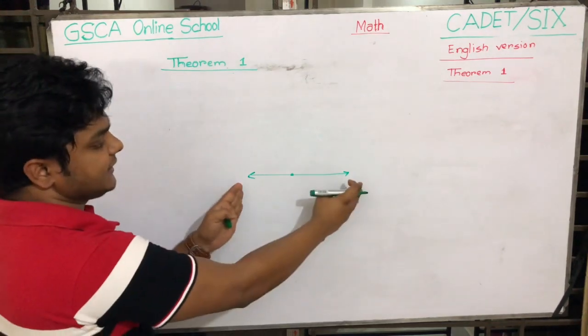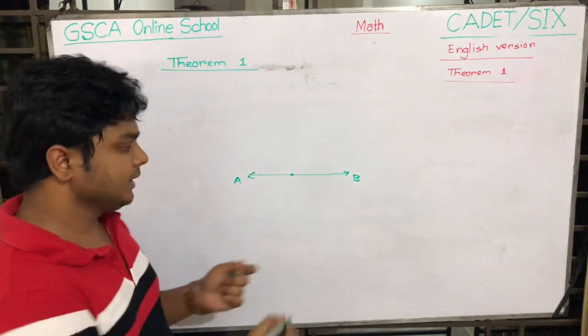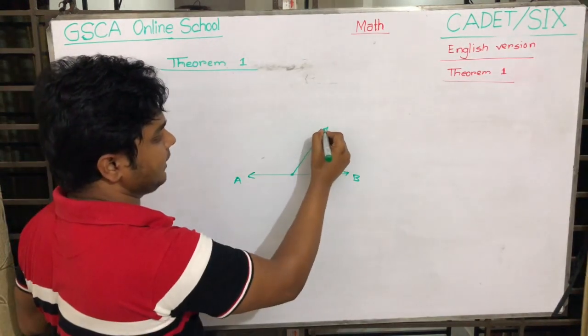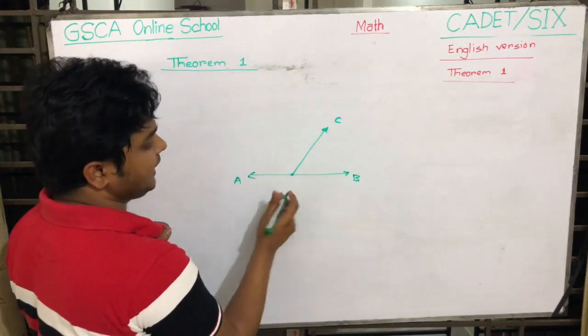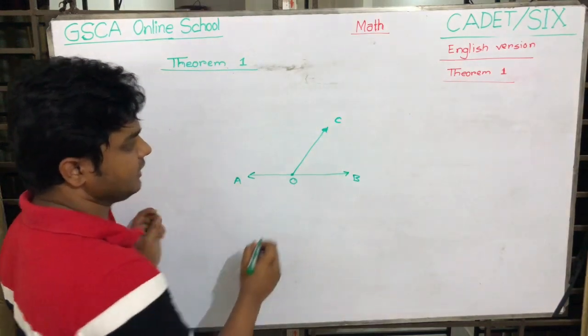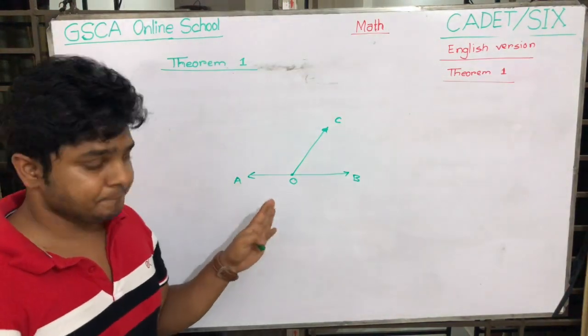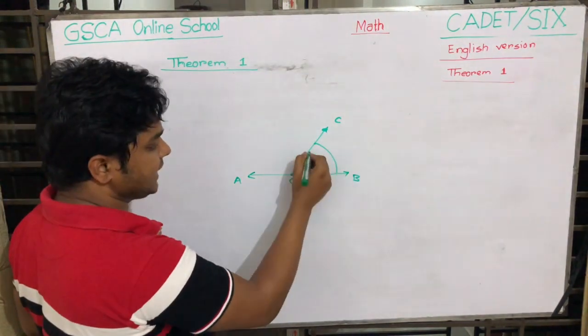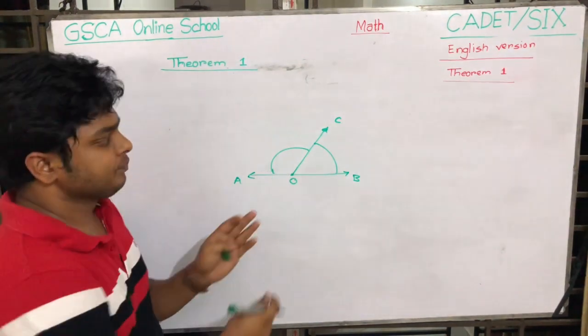Here is a line. Suppose the line name is AB. We name the line AB and there should be a ray. Name this ray OC, and the meeting place where the ray OC meets AB is named O. Now you can see these two angles, so you can name them, right?